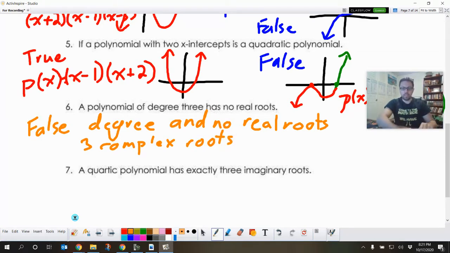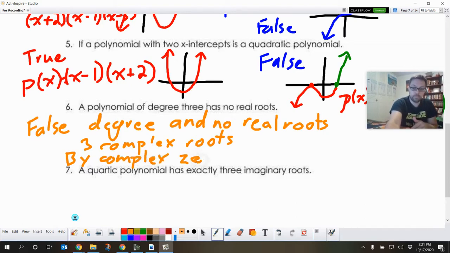But wait, according to our complex zeros theorem, complex roots come in pairs, not odd numbers. So this one has to be false.